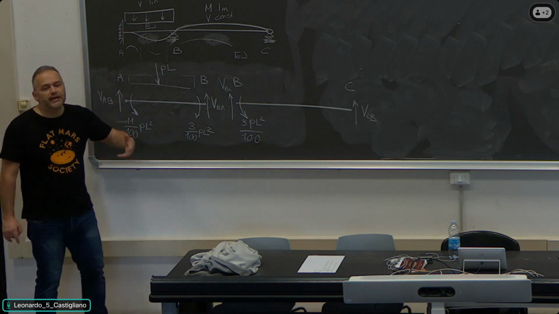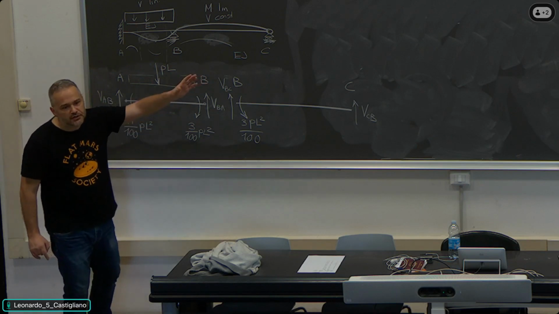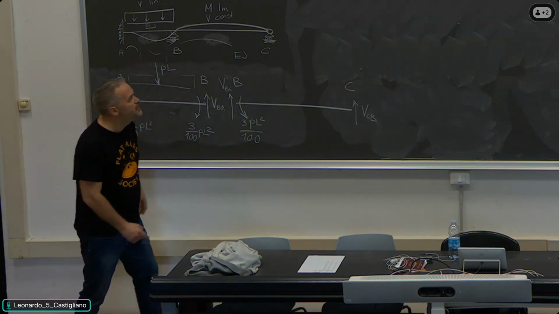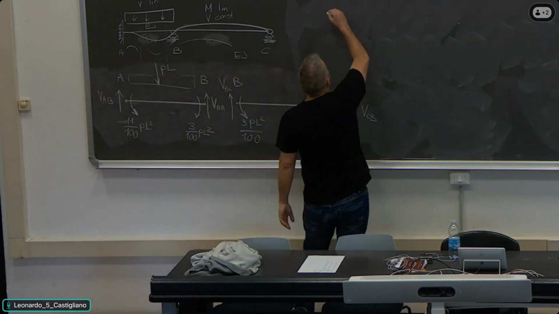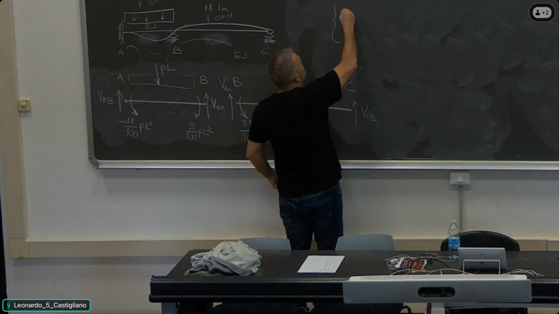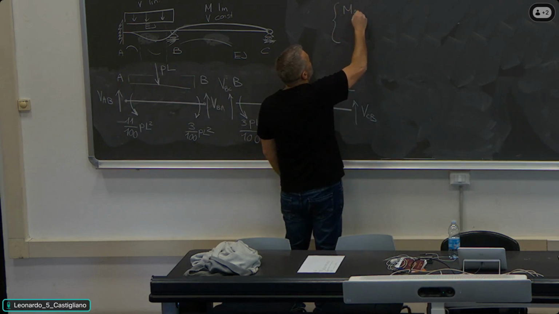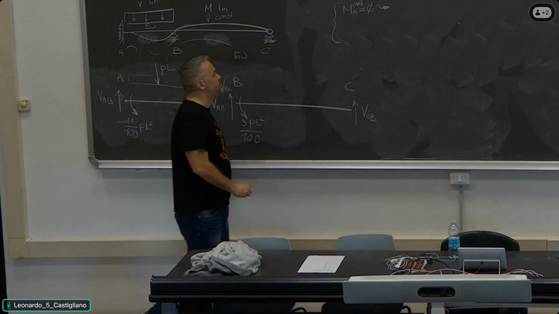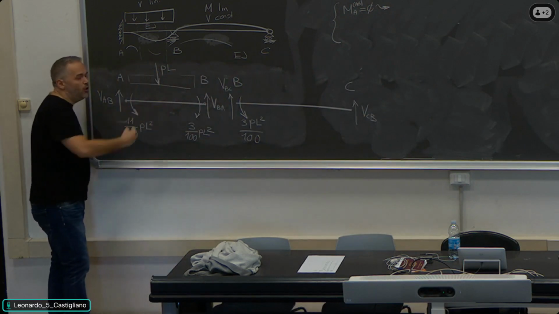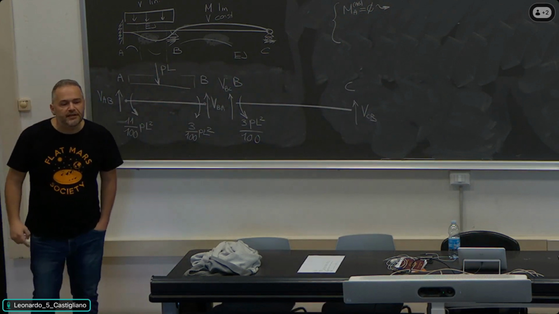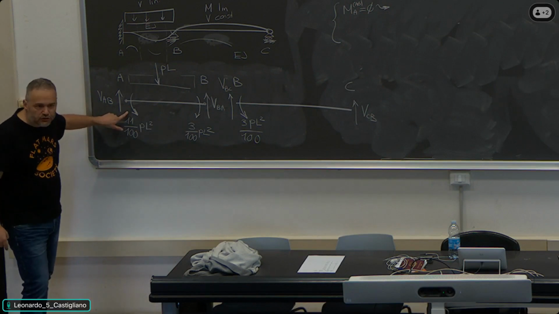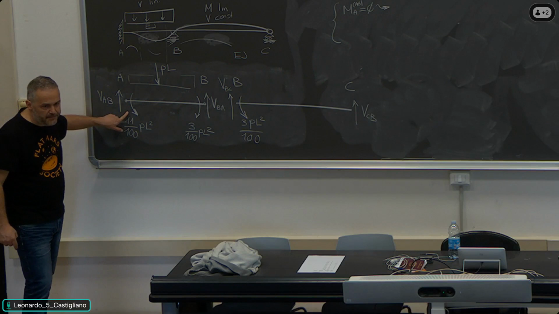You know I don't like to go with translation equations right away. I prefer to go with rotation equations. So my first equation of equilibrium will be the moment about A of AB equal 0. What contributes? The bending moments, they all contribute even if we have a bending moment right at point A. It contributes, it still contributes, okay?